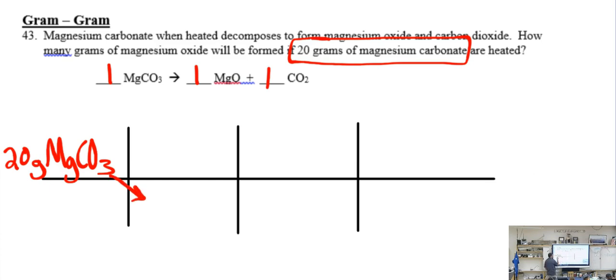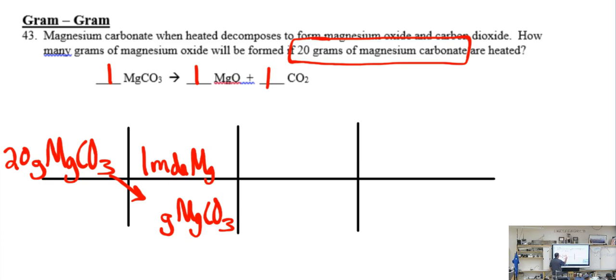So we take the unit of the given, grams of MgCO3. And anytime we write grams, it's per 1 mole of the same thing. Then, anytime we have a unit on the top, it becomes the bottom unit of the next one over. So it's mole MgCO3. But that's when I get stuck.